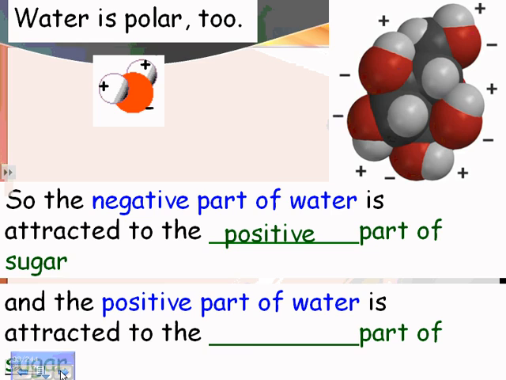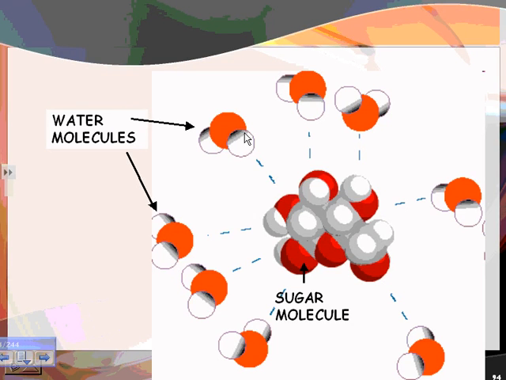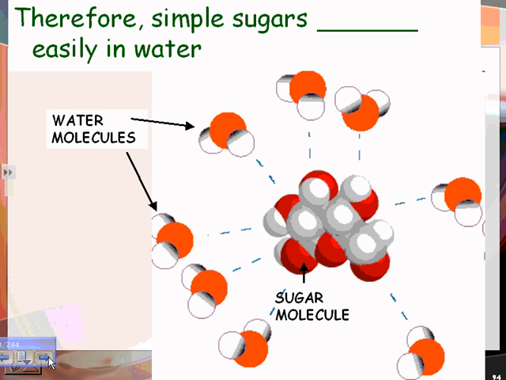And the positive part of water is attracted to the negative part of sugar. So here's sugar, and here's how the water molecules line up. The positive side will be attracted to the negative side here. Negative side here will be attracted to the positive side here. Therefore, simple sugars dissolve easily in water.